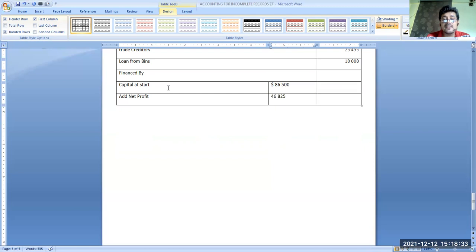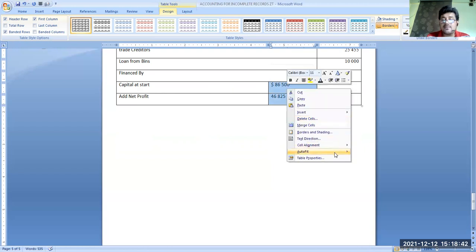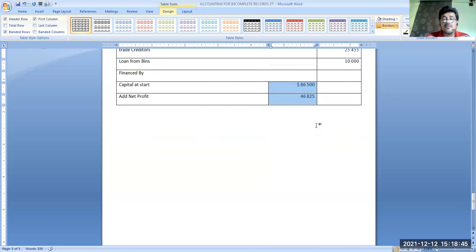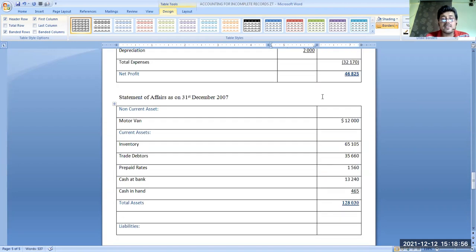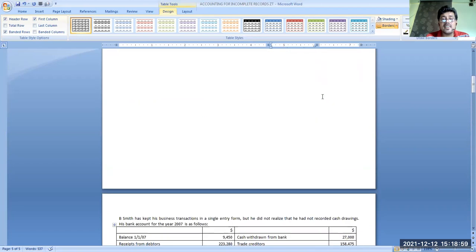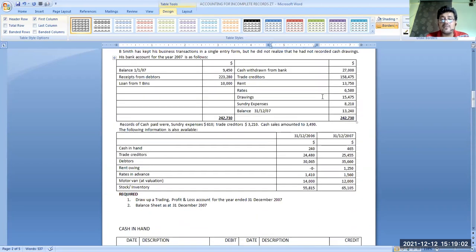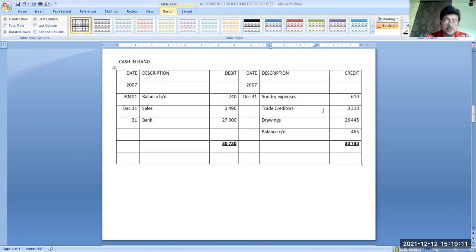Add net profit. Then less drawings. How much drawings do we have? In the bank, we have withdrawn 15,475. And from cash, the missing figure was 26,445.